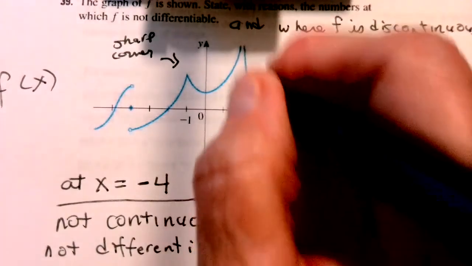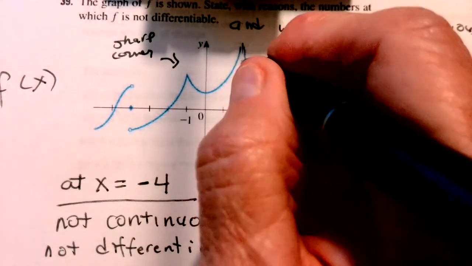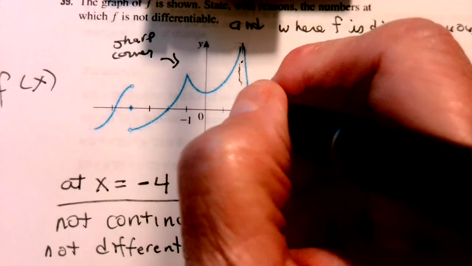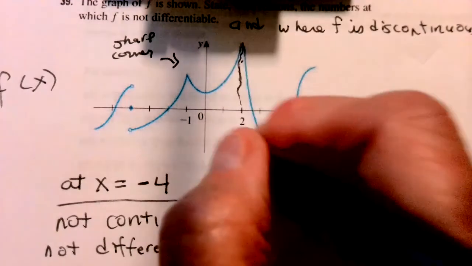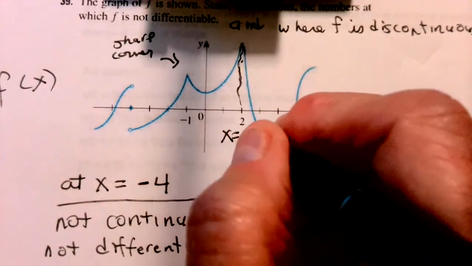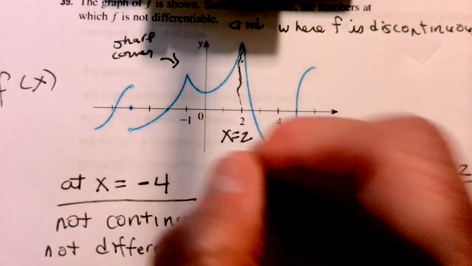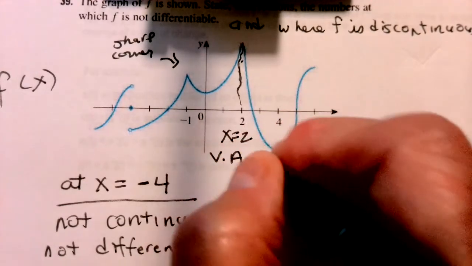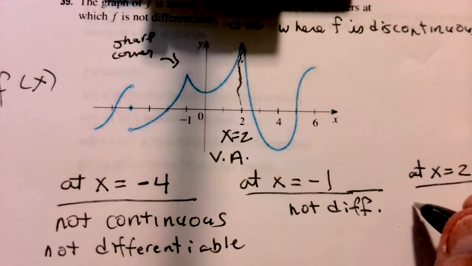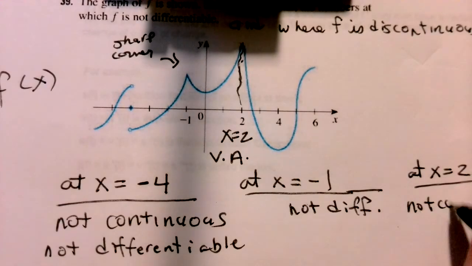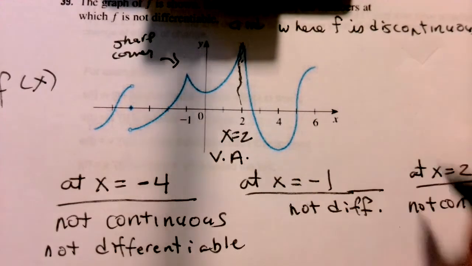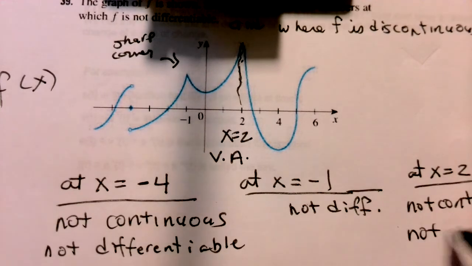Now, we've got a vertical asymptote right here. It might not be drawn in, but it is a vertical asymptote. I'm just going to say VA for vertical asymptote. So it's not continuous if it has a vertical asymptote, and then it's also not differentiable.